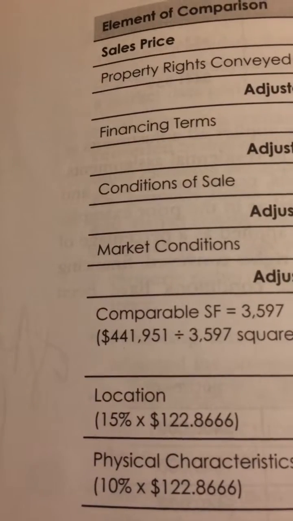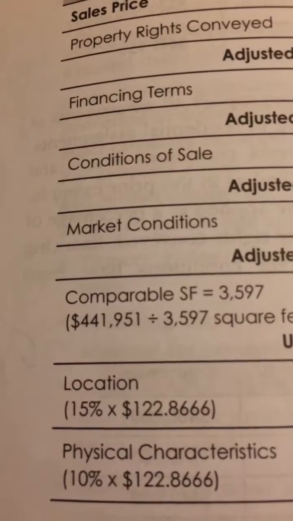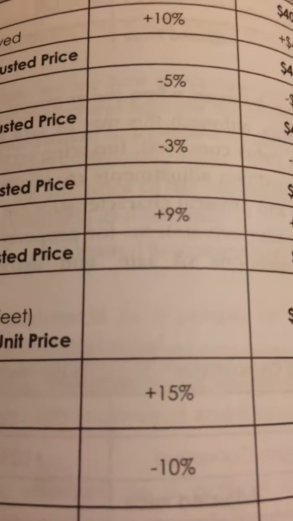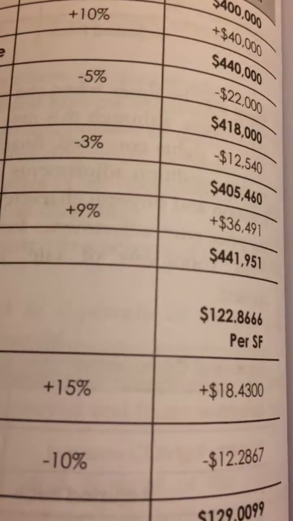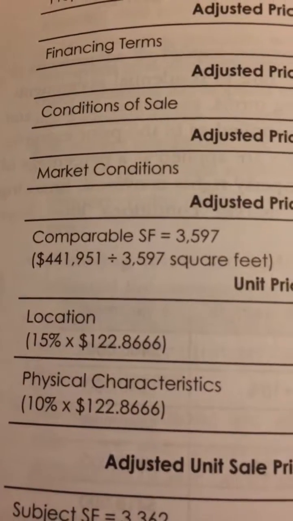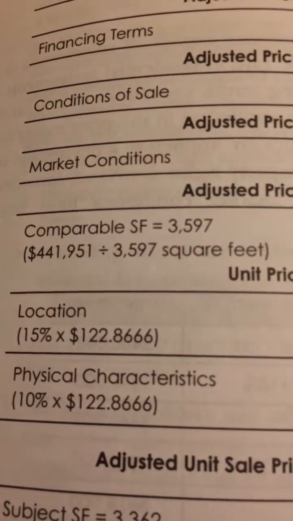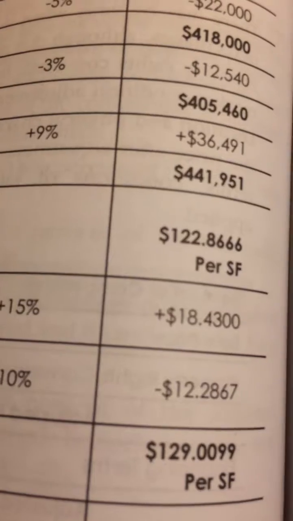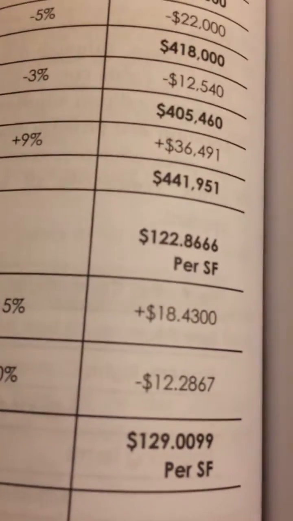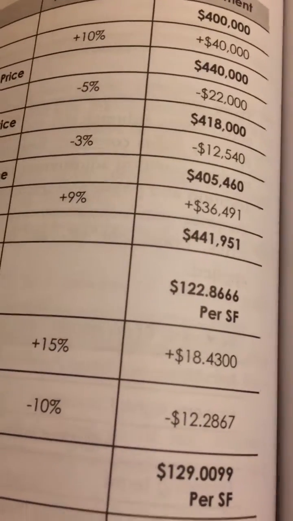Location, 15% times $122.86, plus 15%, plus $18.43. Physical characteristics, 10% times $122.86, minus 10%, is minus $12.28.